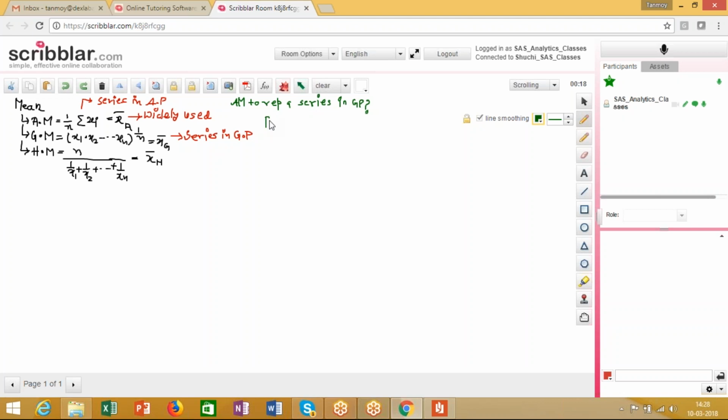Now every year there is a rate of interest of 4% per annum.